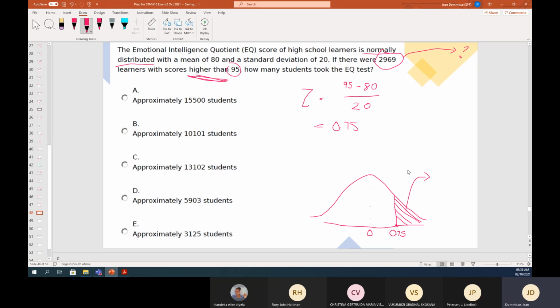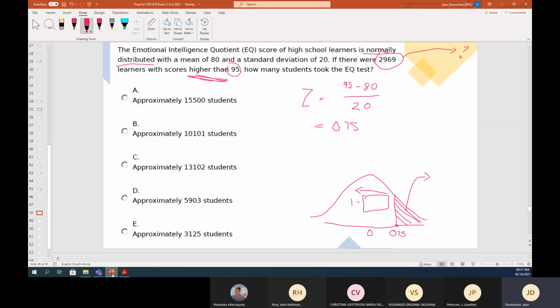You can do it two ways. You can go to the positive table. In the positive table, at the 0.75, we will find this area. Then we need to say 1 minus whatever we get for this area, and we will get that area.